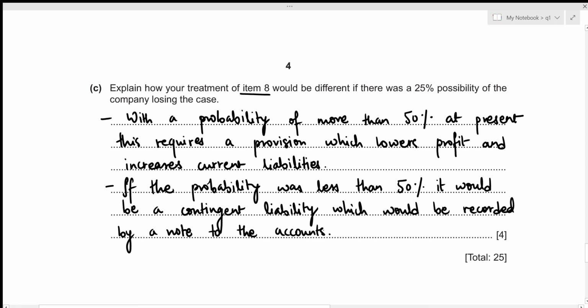Alright, this concluded the third part of this question as well as this entire question.